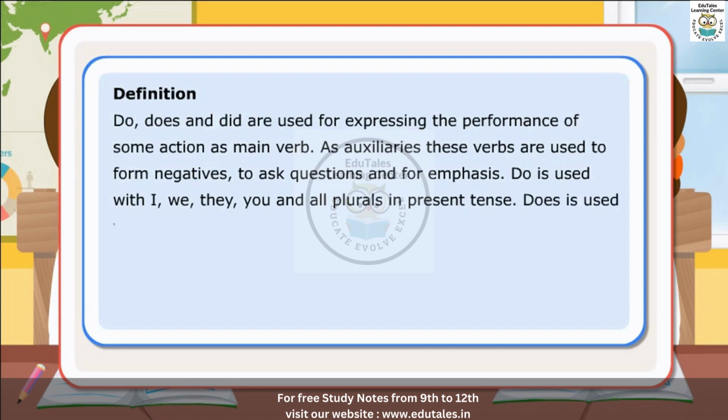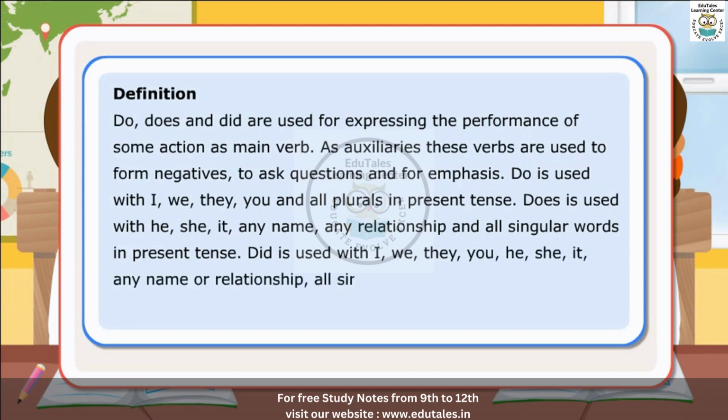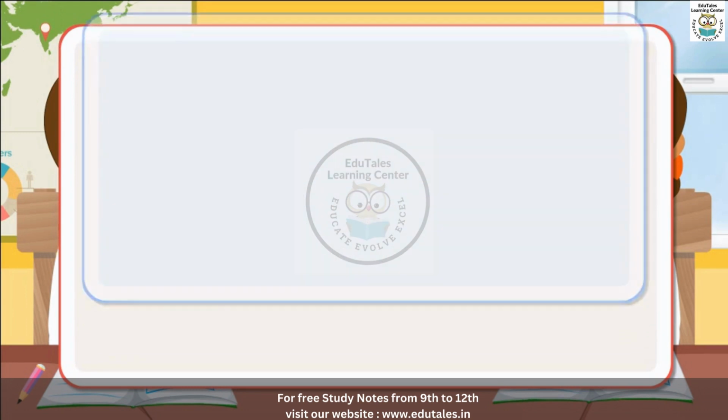Does is used with he, she, it, any name, any relationship, and all singular words in present tense. Did is used with I, we, they, you, he, she, it, any name or relationship, all singular words and all plurals in past tense. Let us look at a few sentences.